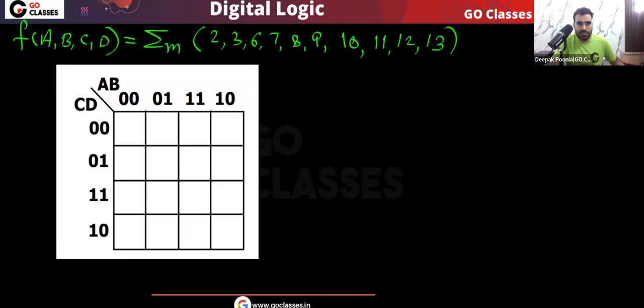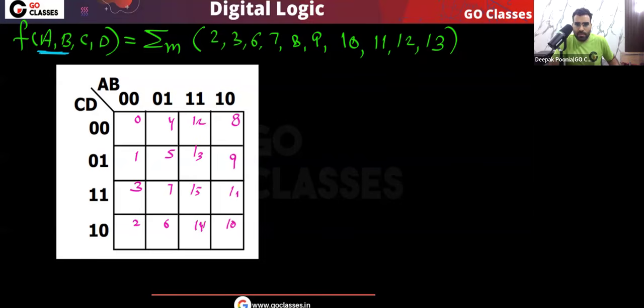Let's fill this K-map now. In the 4 variable K-map, when you put the most significant 2 variables on the column and the least significant 2 variables on the row, the cell numbering will be 0, 1, 2, 3, 4, 5, 6, 7, 8, 9, 10, 11, 12, 13, 14, 15.